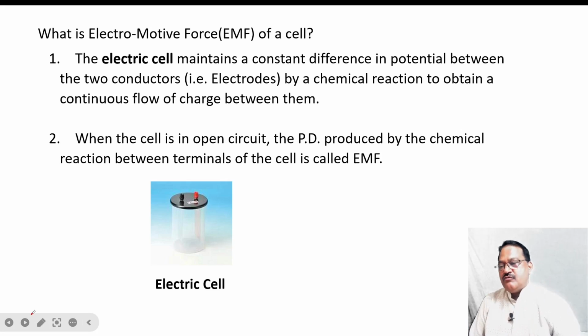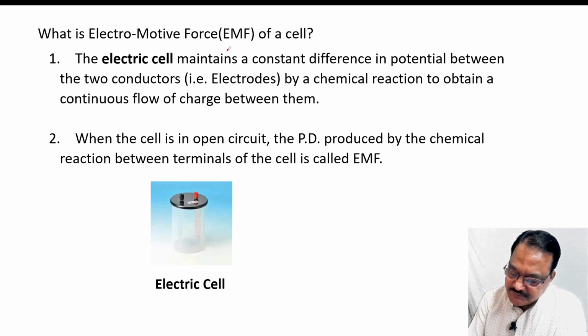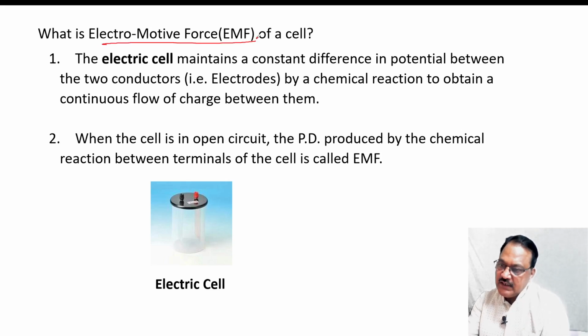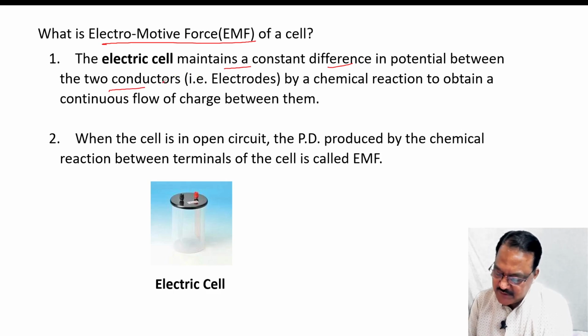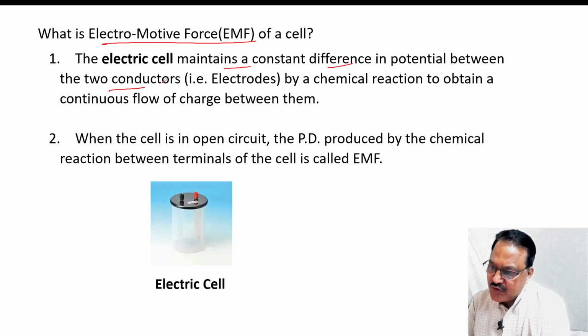Okay. Now we have to know what EMF is, that is electromotive force. Very, very important. Let us go through it once more. The electric cell maintains a constant potential difference between the two conductors, also called electrodes, by a chemical reaction to obtain a continuous flow of charge between them.